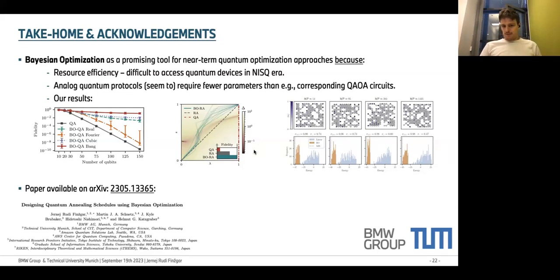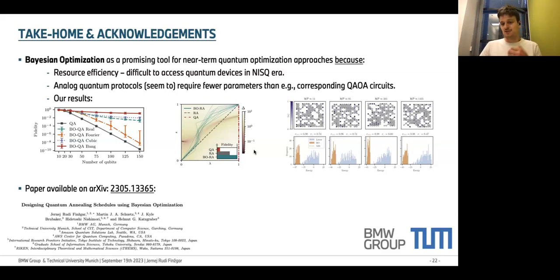I am not making that claim, although I think this could very well be the case. For example, for maximum independent set problems in this neutral atom context, there has been quite a lot of analysis showing that the minimum spectral gap typically occurs at the end of the protocol, meaning that there is some sort of generic behavior that one sees.